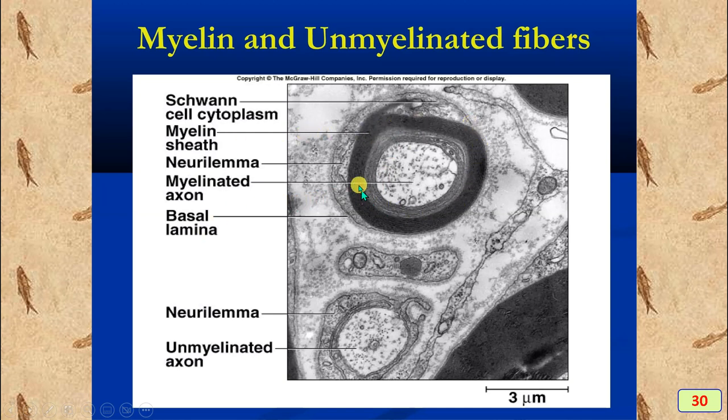This black structure is called the myelin sheath, and apart from that one, it is called the neurilemma. The Schwann cell cytoplasm is present, and this is the cross section of the axon, a very small structure of just 3 micrometers.